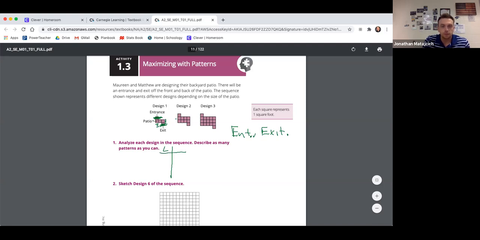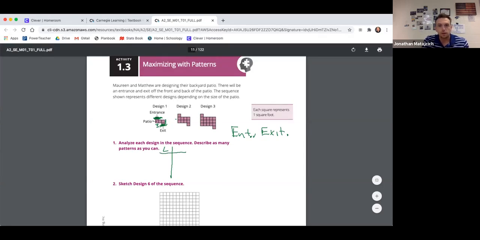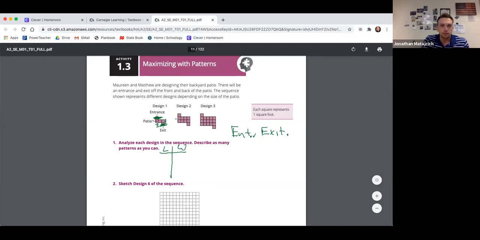It's kind of my go-to. You can do whatever you want, draw pictures, just kind of write out what's happening. This is definitely my strategy at least. So we've got a length and a width. Our length on the first patio is 1. The width is 3. Design number 2, the length is 2, and the width is 1, 2, 3, 4.